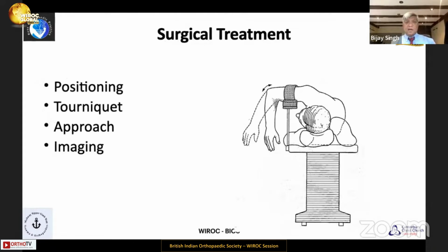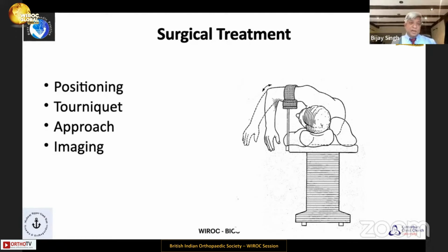Surgical treatment is probably indicated in a lot of these patients, especially the ones which are displaced. Positioning, I generally tend to do them in a lateral position, although it can be done in prone, but your anesthetist will not be very happy with the prone position.